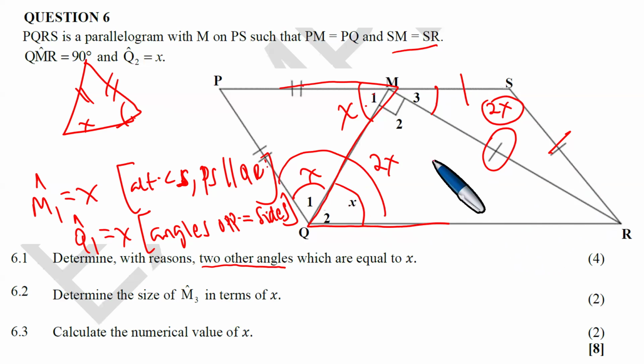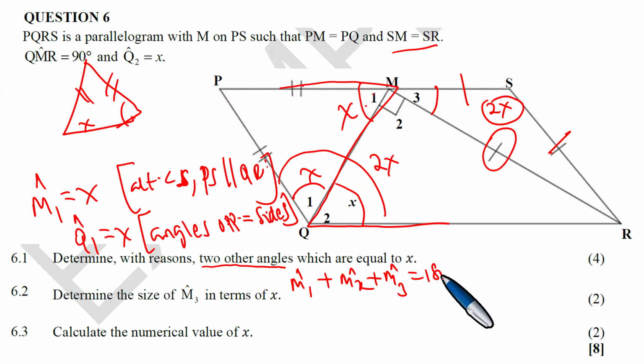There are many things you can do, but you can start by saying angle M1 plus angle M2 plus angle M3 is 180 degrees, adjacent angles on a straight line.